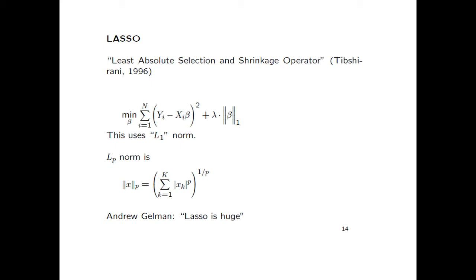Now, the third method I want to discuss here is the most prominent these days in this literature. This was developed by Tibshirani, the least absolute selection and shrinkage operator, or LASSO. There, you start with the least squares objective function, but now you add a penalty term that is proportional to the sum of the absolute values of the betas.